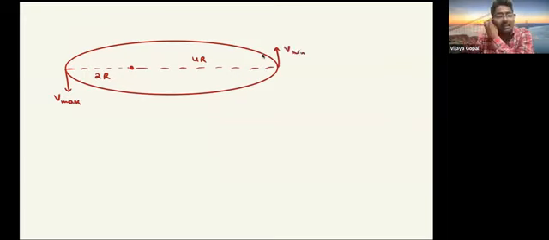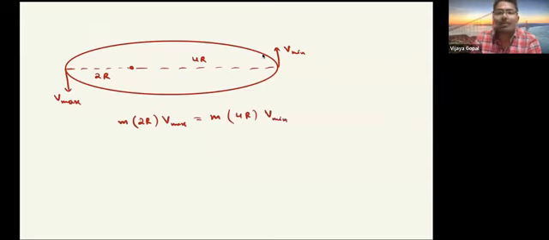So how many unknowns are we having? Two unknowns, so we need two equations to find them. The first equation is angular momentum conservation. So m times 2r into v max will be equal to m times 4r into v minimum.